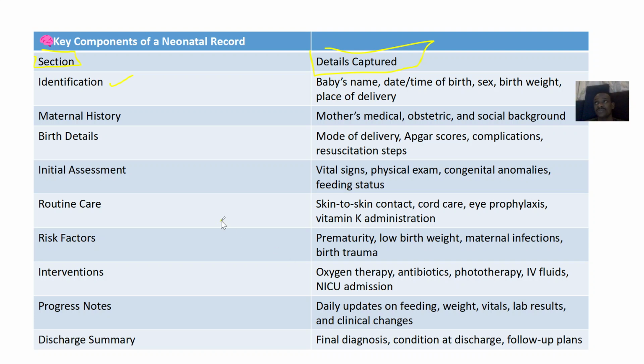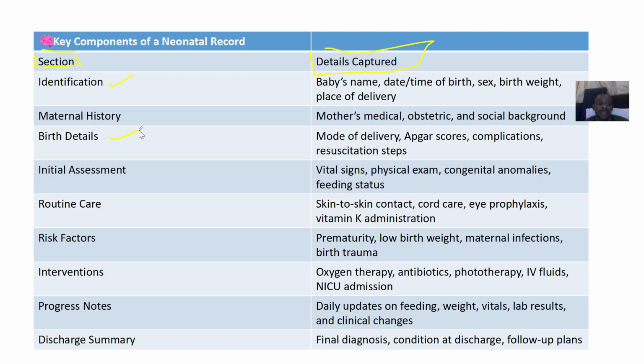Maternal history, you are trying to take the history of the mother's health all this while. Has she had any disease condition? All right, birth details, like how was the baby born and all of that. As they were born, how was their health within that time that they were born?